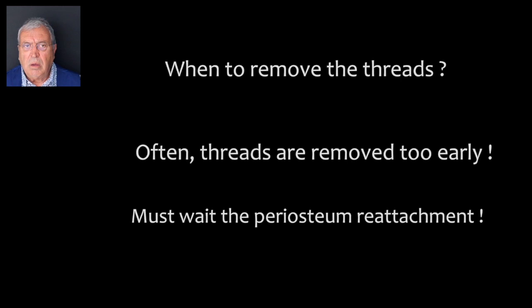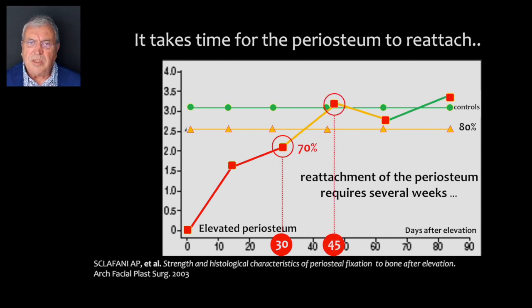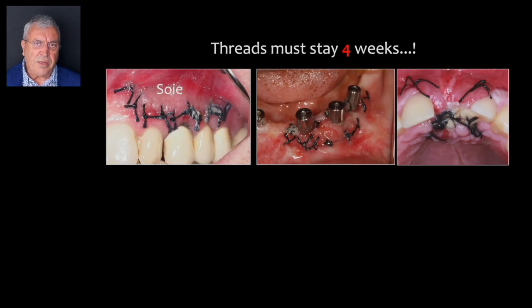But how much time does it take to reattach? At least 1 month. 6 weeks to meet a significant reattachment. It means that for me, we must leave the threads 4 weeks.